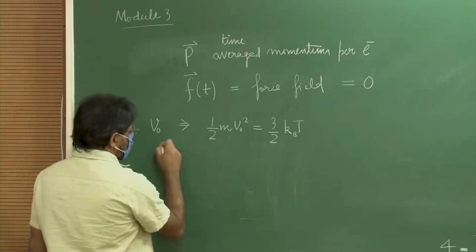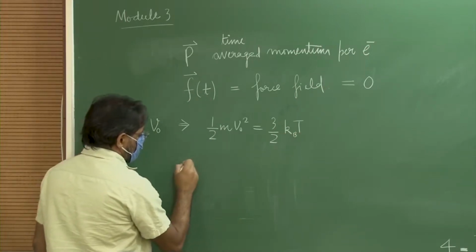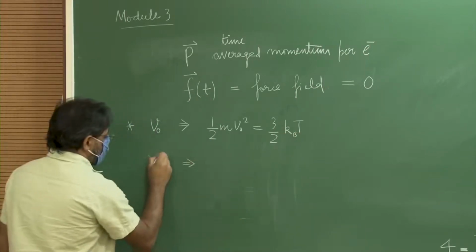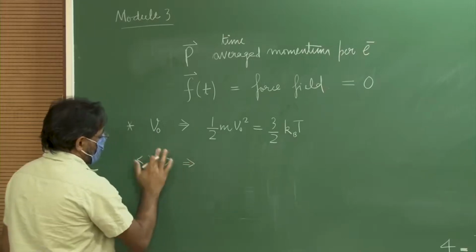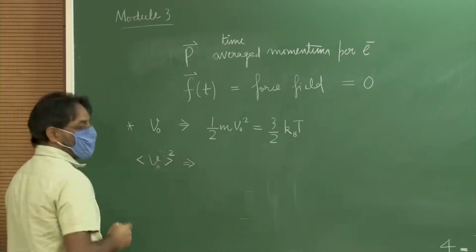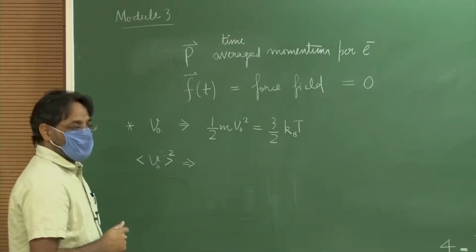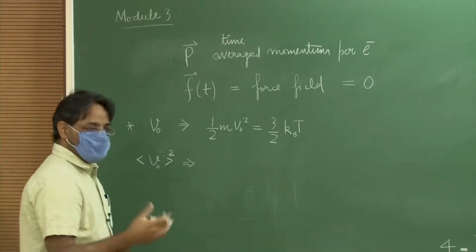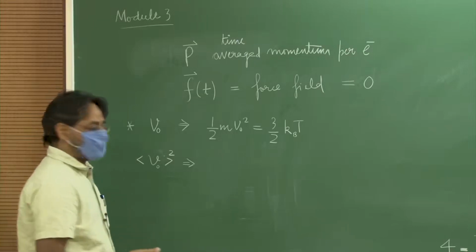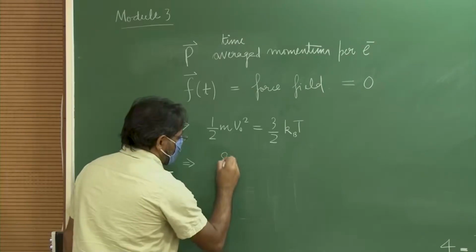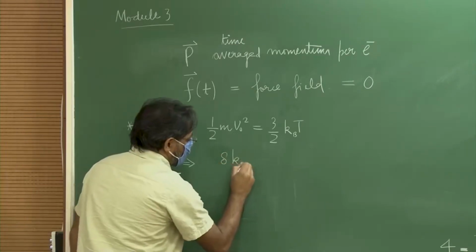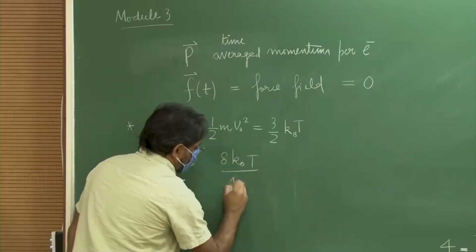The other, more accurate estimate of v naught would be, you can write v naught squared, or maybe like this, the square root of the average squared velocity, right? That you have studied in the kinetic theory of gases. So how much is that? That is 8 kBT by pi m.